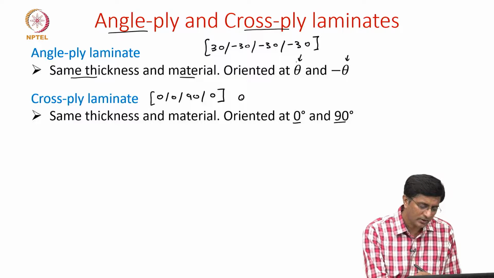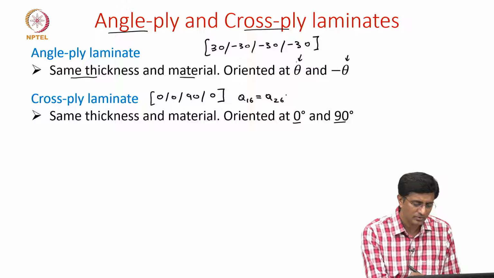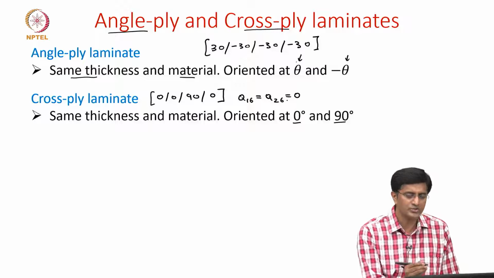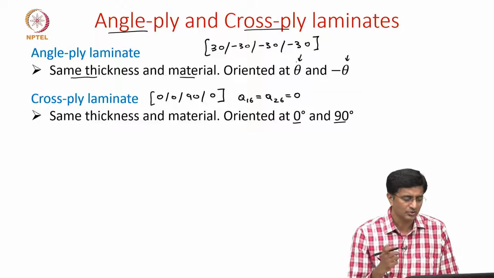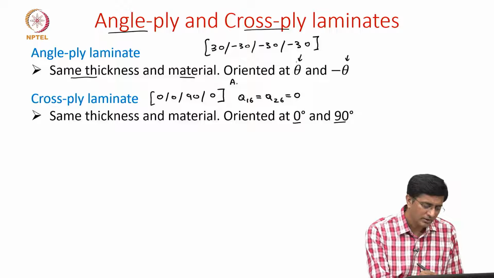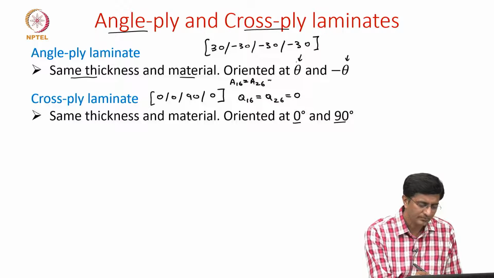We know that the Q16 and Q26 terms go to 0. When they go to 0, the corresponding terms in the A, B and D matrices also go to 0. This includes A16 and A26 going to 0.